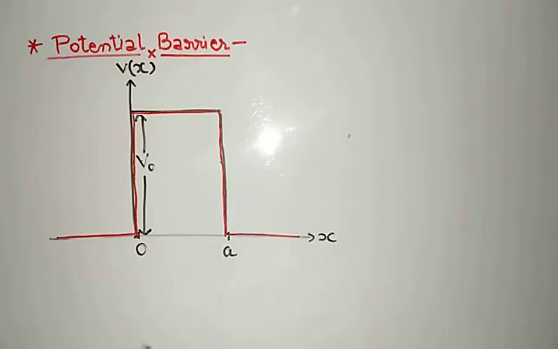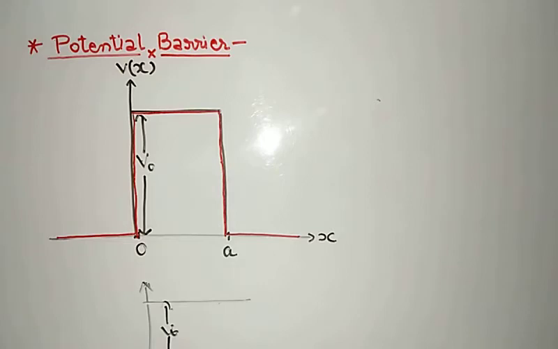Just as we have read about potential step, in that we have this x and V(x) at 0 and V naught height.